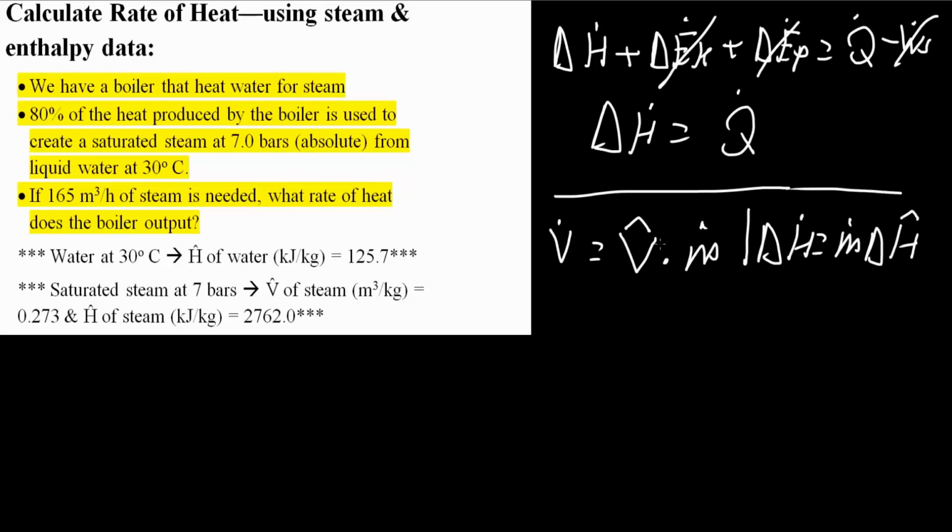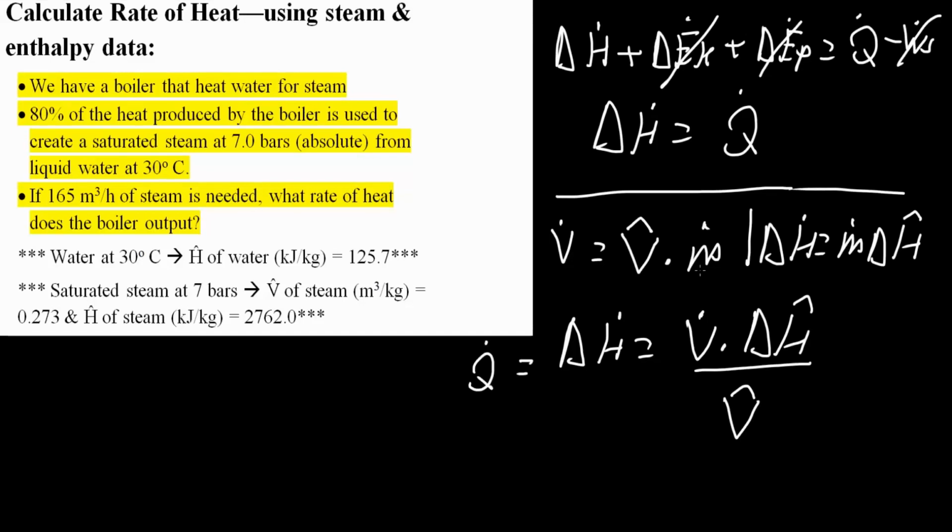Combining these two pieces of information, we could get that delta H is equal to the volumetric flow rate times delta H specific divided by specific volume. Essentially, we rearrange this by saying that the mass flow rate is equal to the volumetric flow rate divided by the specific volume. From there, we replace this M with V, divided by the specific volume. And that's how we got this equation right here.